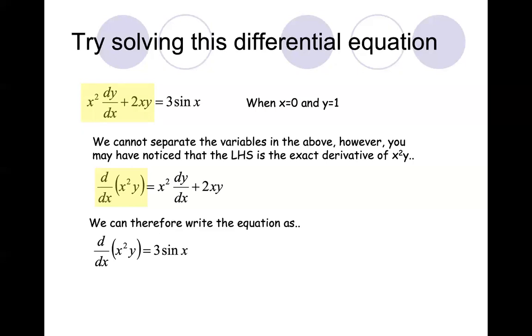And now, if you differentiate something and you get 3 sine x, it means that this something should be the integral of 3 sine x, right? You differentiated a function to get 3 sine x, so the function must be the integral of 3 sine x, right?